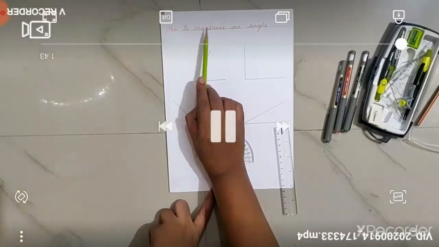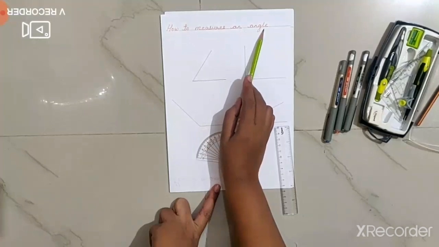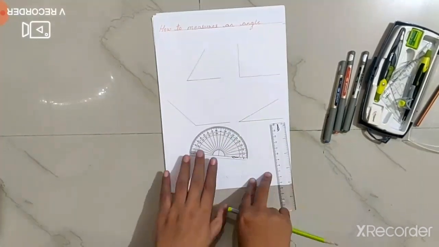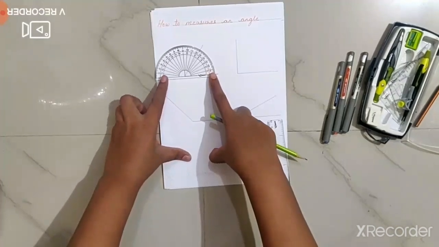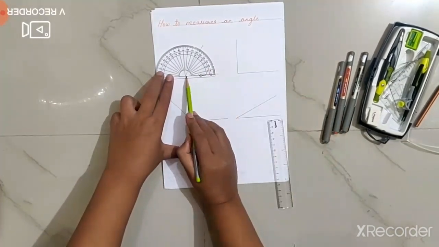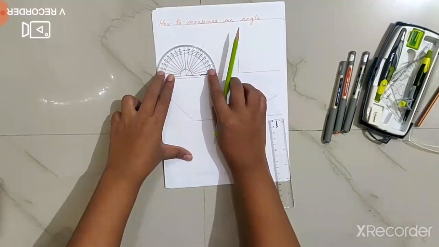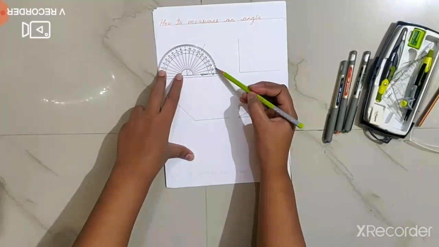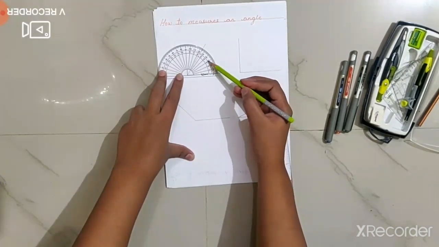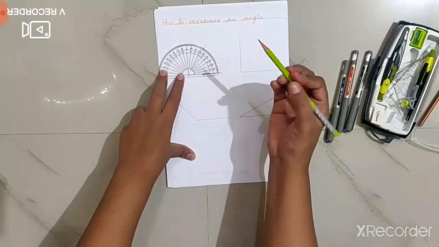How to measure an angle? I draw these angles. Keep the protractor on this straight line, at this point, and start measuring. 0, 10, 20, 30, 40, 50, 55.